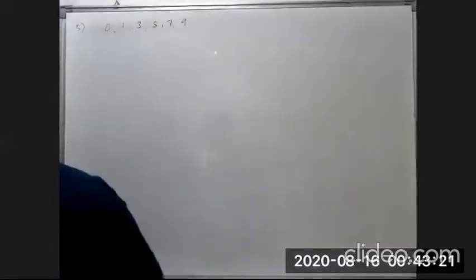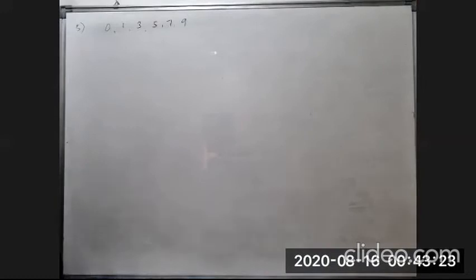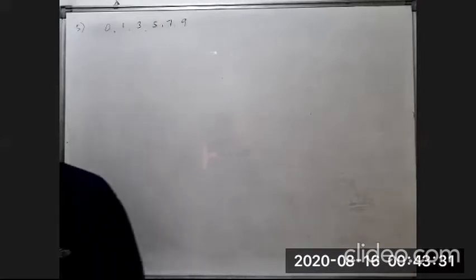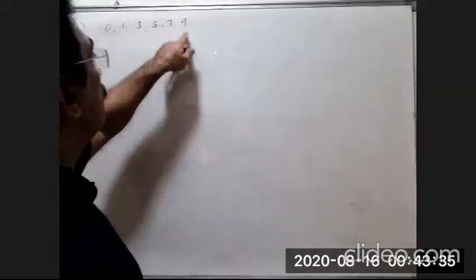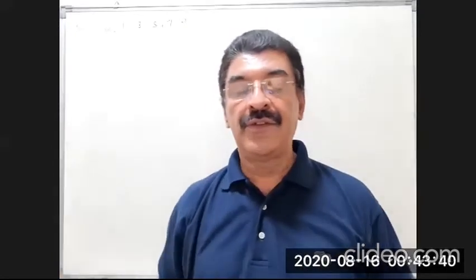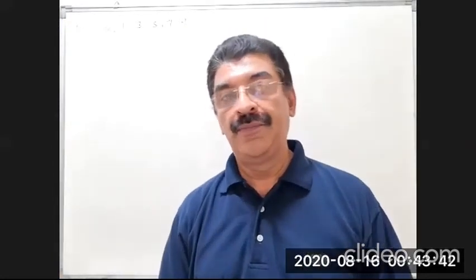Anyway, so here, how many 6-digit numbers can be formed from the digits 0, 1, 3, 5, 7, 9 which are divisible by 10? In all, we have to arrange 6 digits in 6 places. Nothing is repeated.